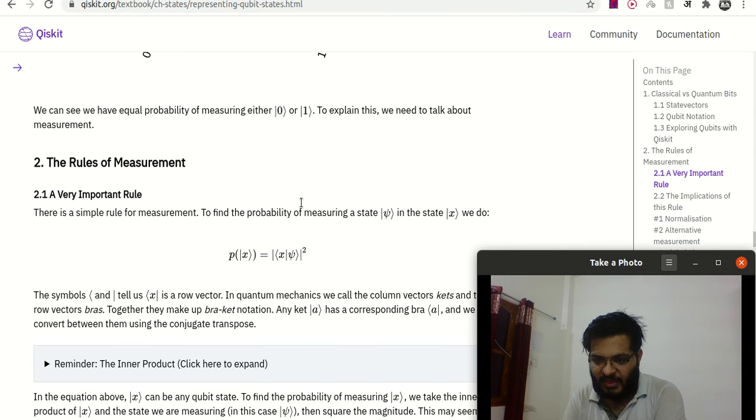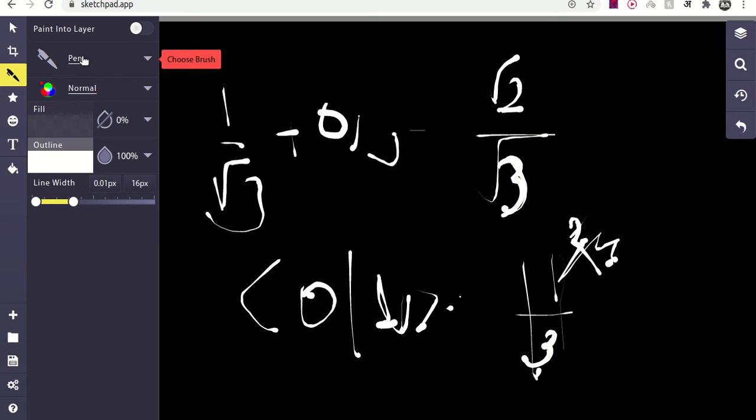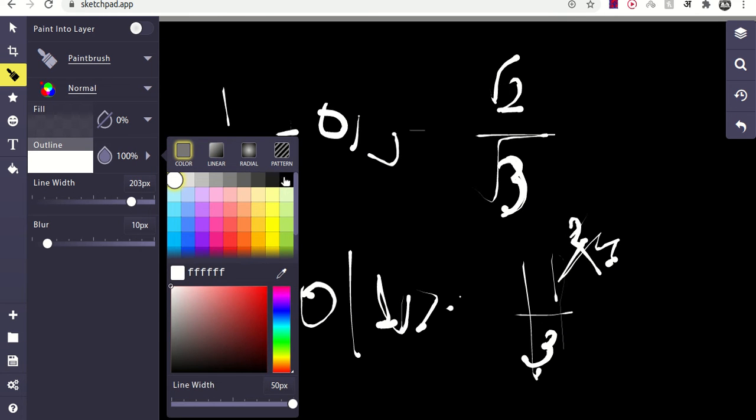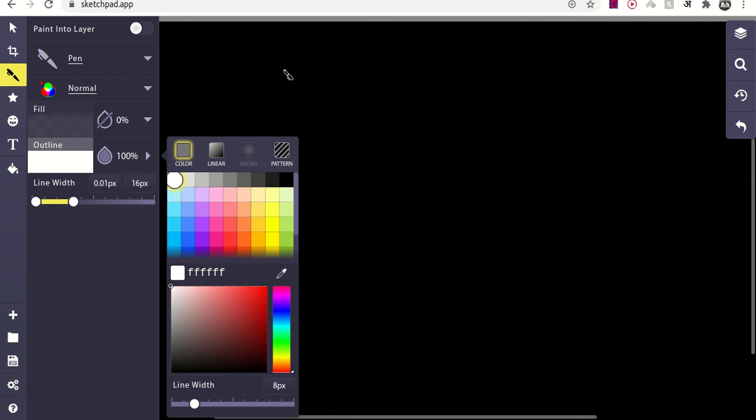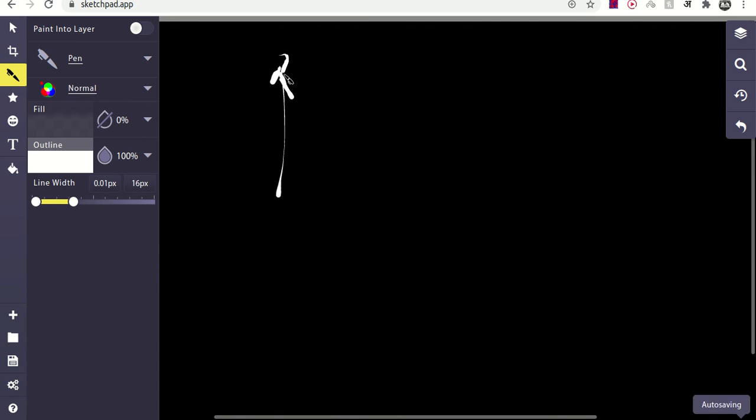So what is a measurement actually? Measurement is checking the probability of this qubit being in one of the possible states in a given basis. So what is defined by basis? Let's go to the sketchpad. In 3 dimensions, we have x, y and z.